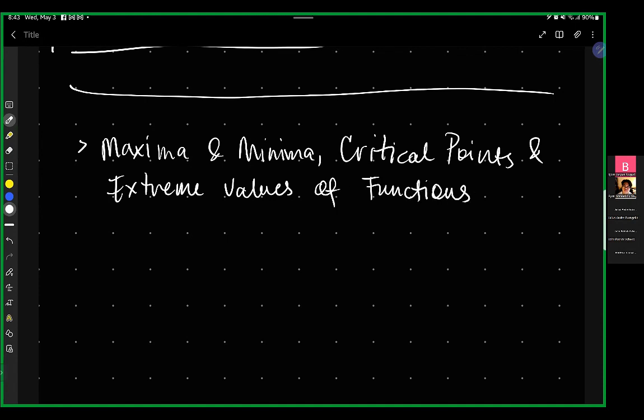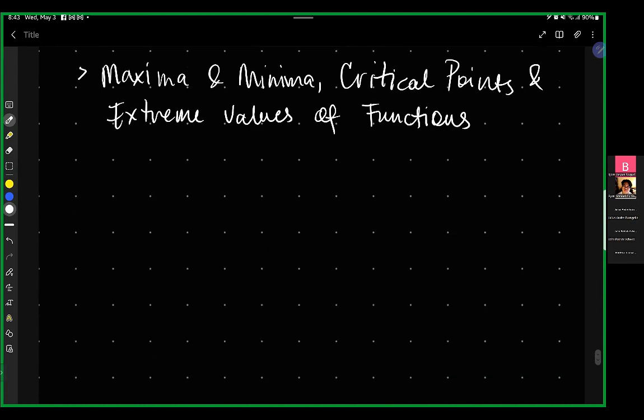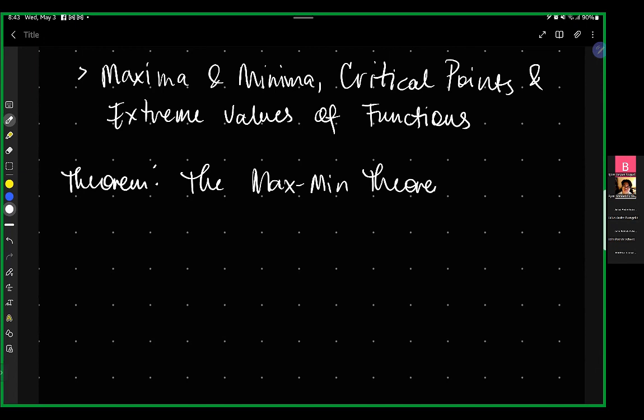Okay, so let me start with a theorem. Okay, so a theorem, also known as the min-max. Okay, let's just call it the max-min theorem for continuous functions.